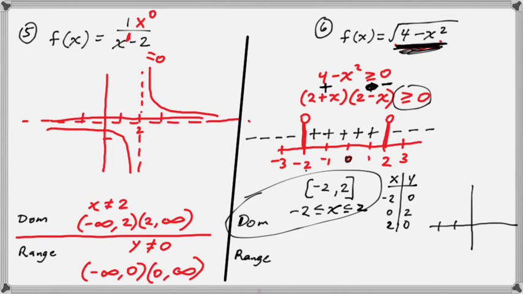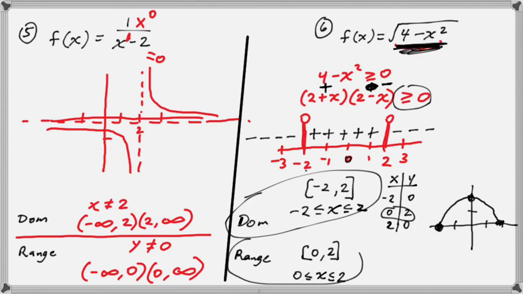You're only going negative 2 to 2, and it's going to go through that point, 0, 2, right? So it's looking like this, which means the range would be 0 to 2. If you wish to write it in inequality, that's fine. It does actually equal those, so I can use inclusive, and that would be the range.